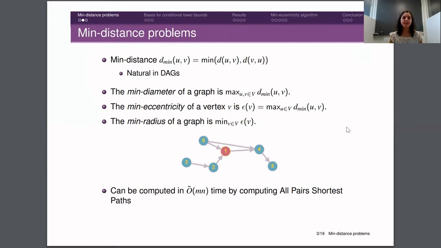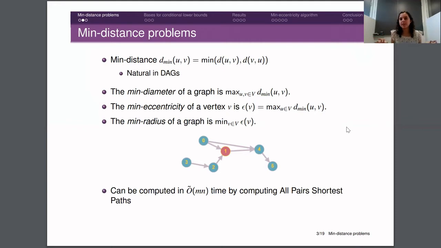All of these parameters can be computed in Õ(mn) time in a graph with m edges and n vertices by computing all pair shortest paths. I should mention the tilde hides polylogarithmic factors. All pair shortest paths is basically what it sounds like.